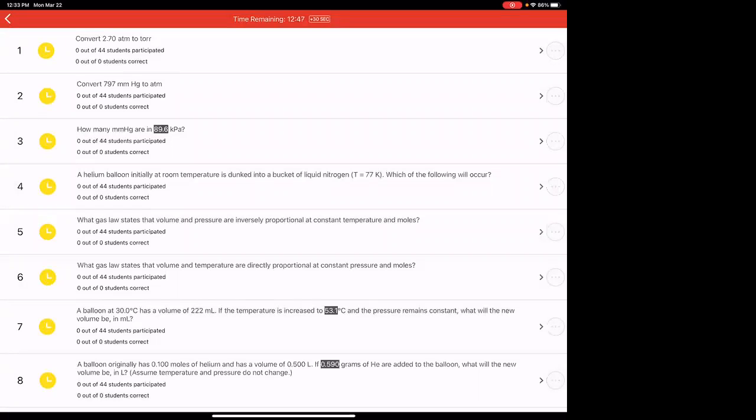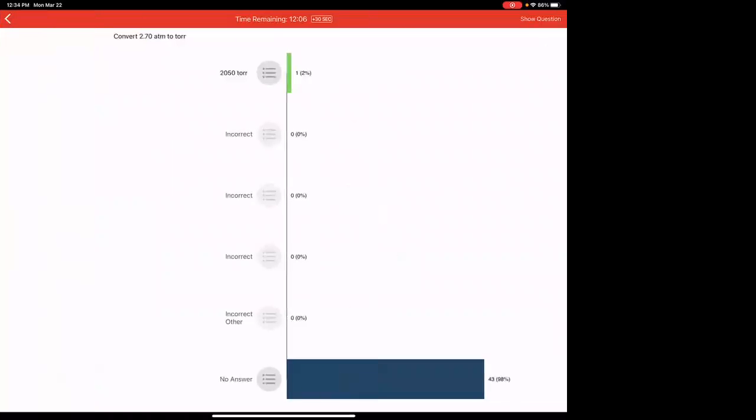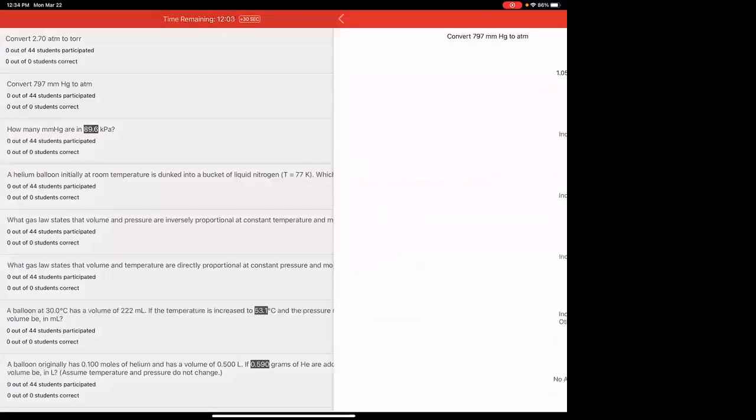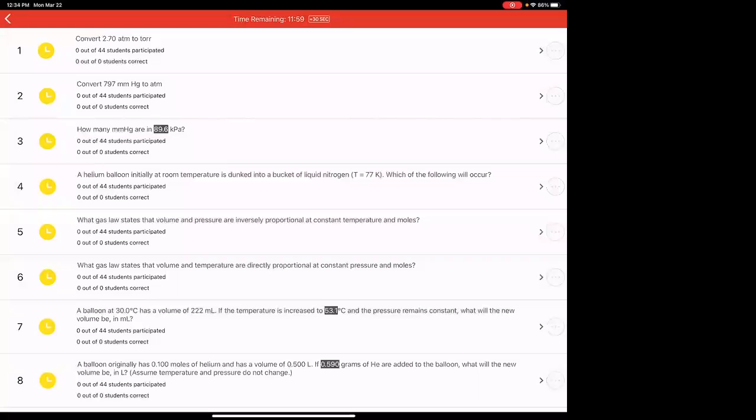Should be able to zip right through it. You remember those torrs, guys. Remember, a torr is the same thing as a millimeter of mercury.